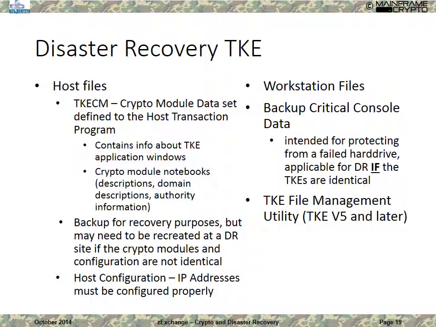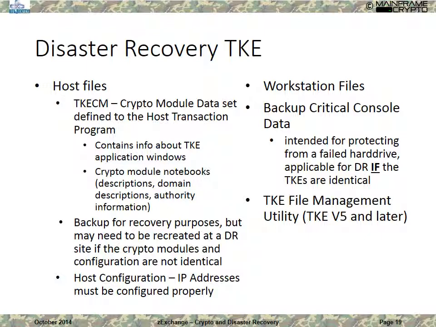There are some utilities available on the TKE, so you can copy selected files. We're going to talk about key files in a minute. You can use those utilities to actually copy that data and move it over. From the host perspective, the TKE actually talks to a started task called the catcher, or a host transaction program, that's running on the host.